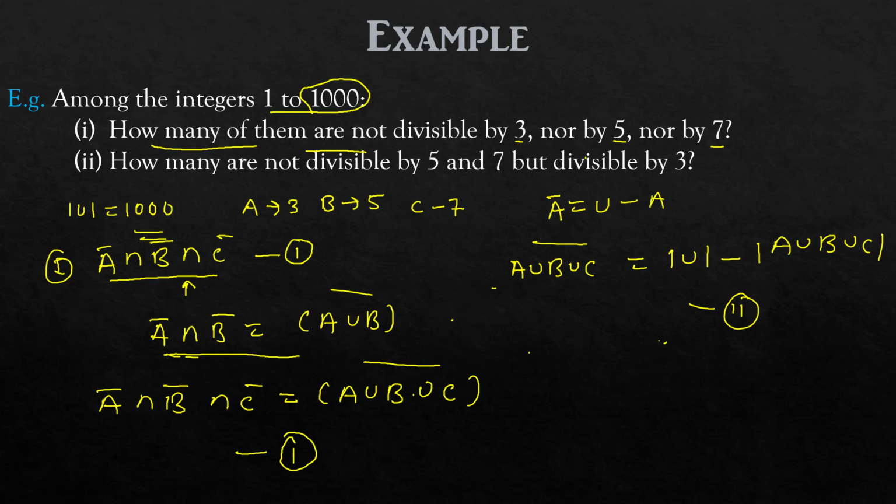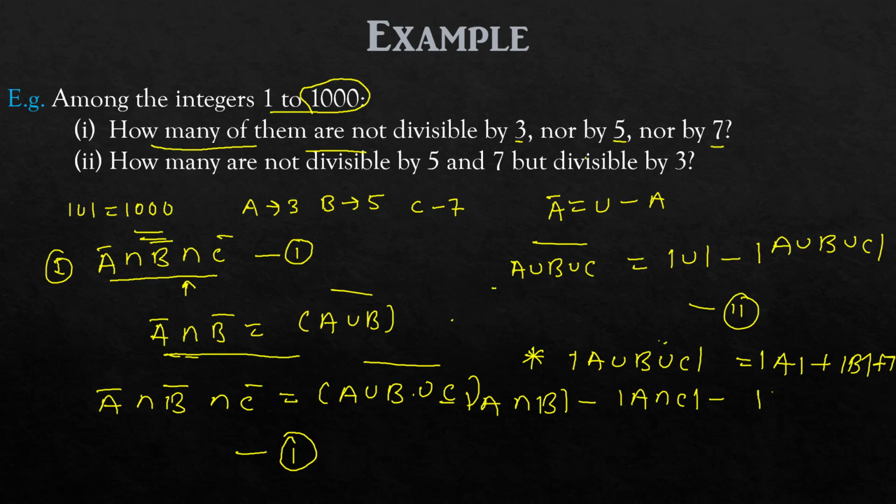So, again by using the inclusion exclusion principle, number of A union B union C is equal to number of A plus number of B plus number of C, then minus A intersection B minus A intersection C minus B intersection C and plus A intersection B intersection C. So, this is the formula.